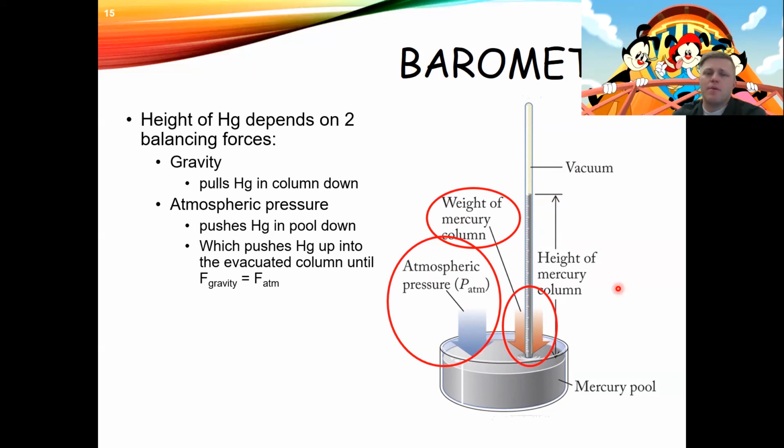Right, and so a lot of people ask, why do we use mercury for this? Well, it's because it's a heavy liquid. So that means that we're not going to have to push it up super far before the force required to push it up is balanced by the force of gravity. And it's a liquid, which we need, but it's also fairly inert. It doesn't evaporate.